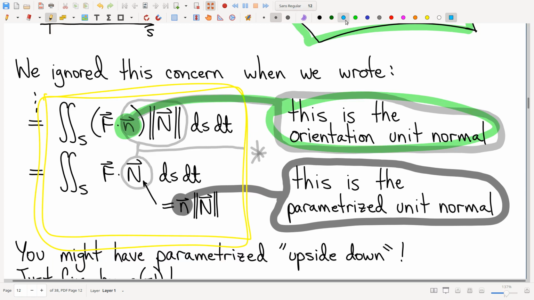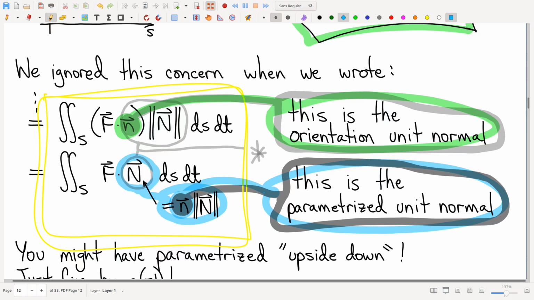When you actually parameterize and come up with your capital N vector, there is, on the other hand, the parameterized unit normal that's implicit in how that capital N vector works out. I just declared those to be the same, which was baseless. This is a coin flip. It's 50-50 as to whether those are going to be the same. I can't just assert that they're going to be the same. So that was my crime. Is everybody comfortable with that? Everybody see what's wrong?